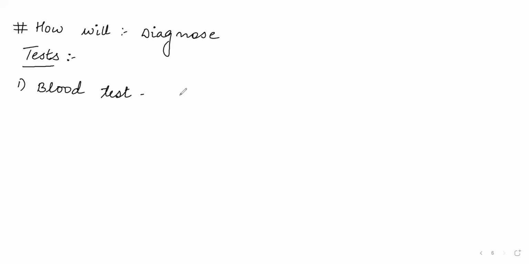Then in that case, how will the treating doctor diagnose PCOD? For diagnosing PCOD, the doctor will run certain blood tests. In the blood test, we need to study the hormone levels.